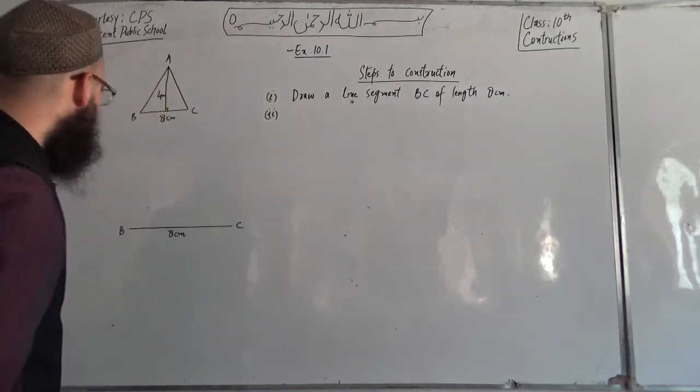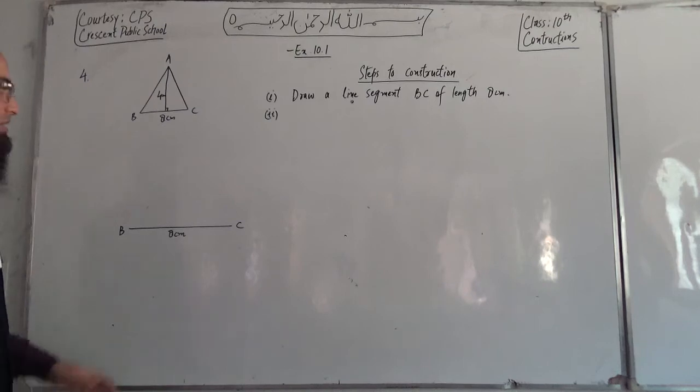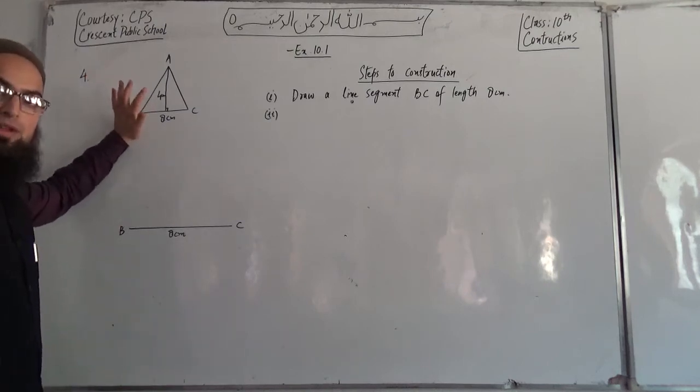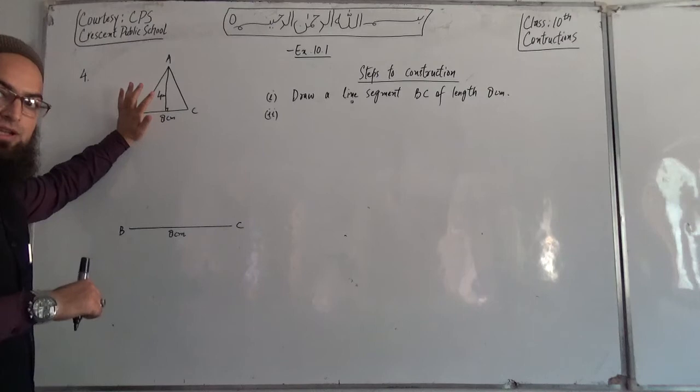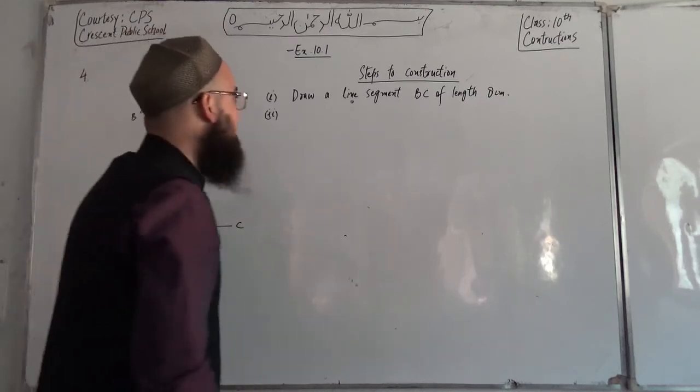Then the next one, draw a perpendicular bisector, because you know an altitude of an isosceles triangle is the median of it as well. So draw a perpendicular bisector of BC.